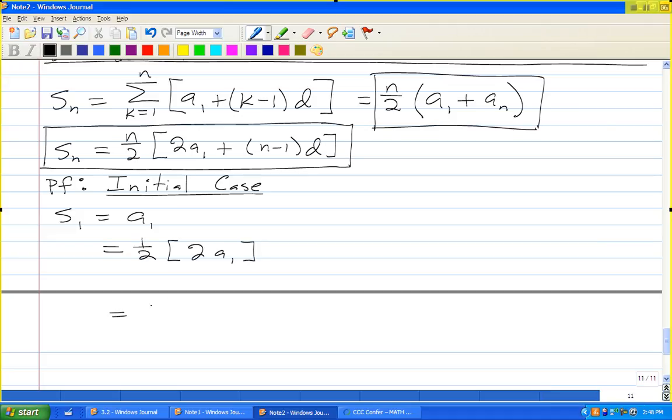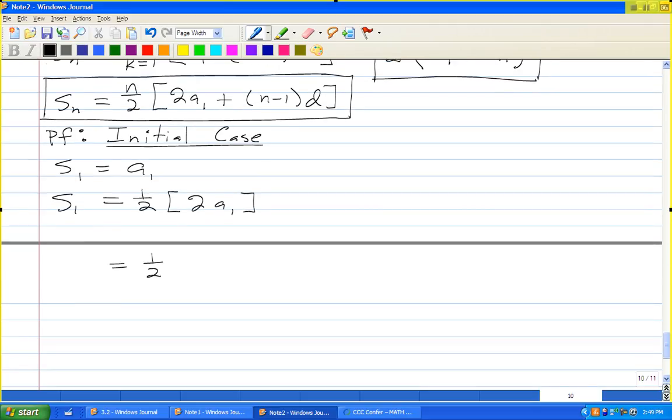This is the same as 1/2 times 2 a sub 1 plus 0. Adding 0 to anything doesn't really do anything.